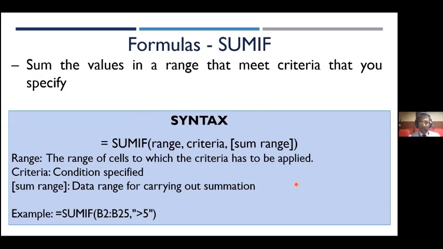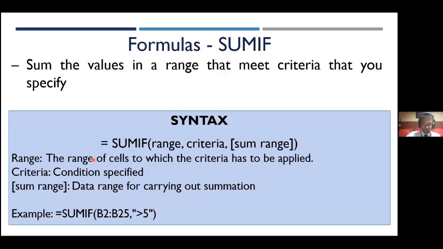Sum if is the formula that you have to use when you want Excel to total up the values that fulfill the criteria that is specified. So you are defining a criteria and you want Excel to total up the values based on the criteria that you have defined.